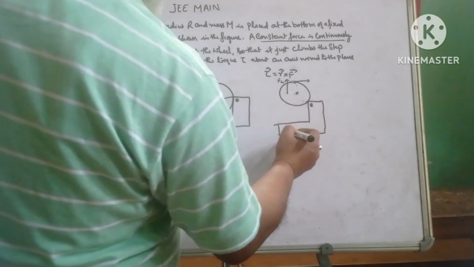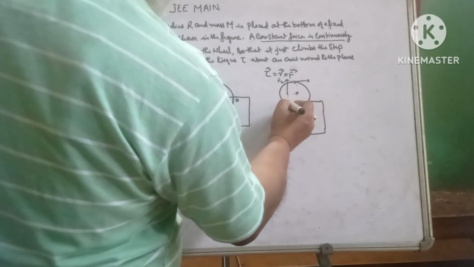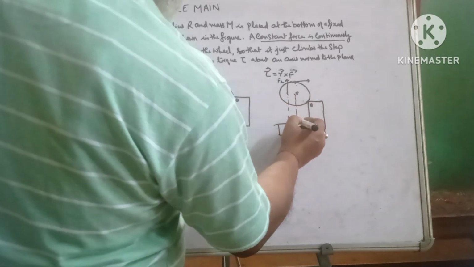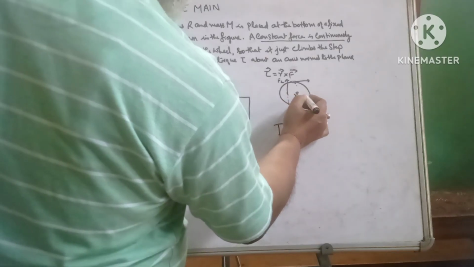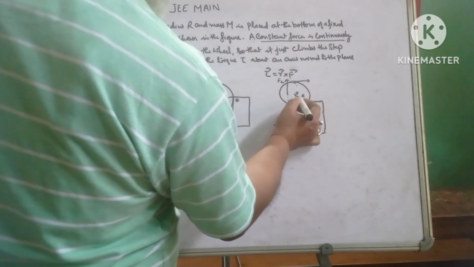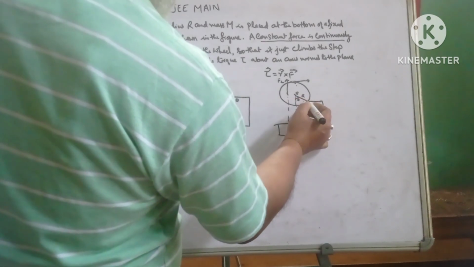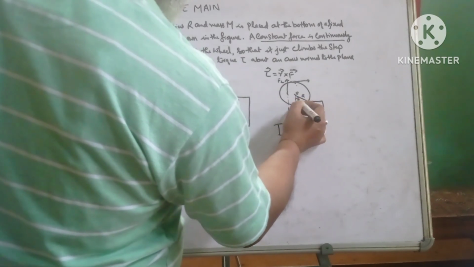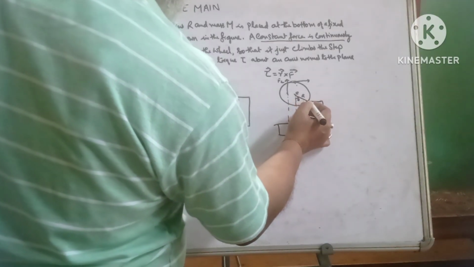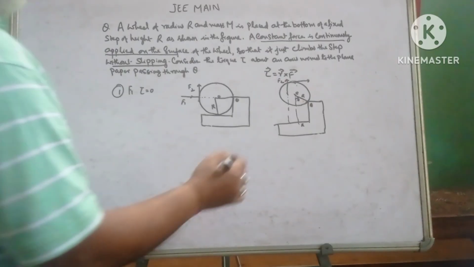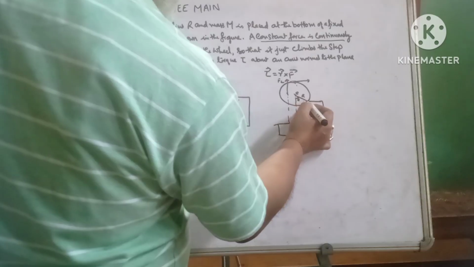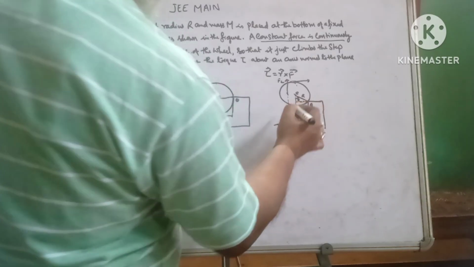So here you see one thing: this is your radius r. If this makes an angle theta, so this distance will be r cos theta; we require this distance.